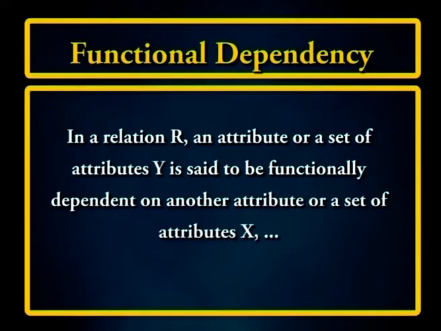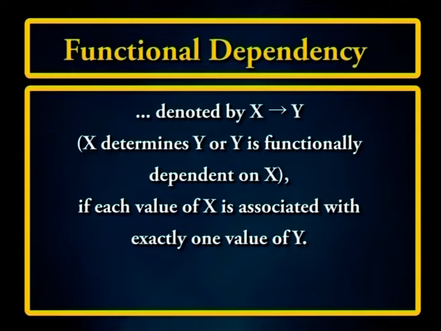Formally, a functional dependency can be defined as: in relation R, an attribute or set of attributes Y is said to be functionally dependent on another attribute or a set of attributes X, denoted by X → Y, which is interpreted as X determines Y, or Y is functionally dependent upon X.